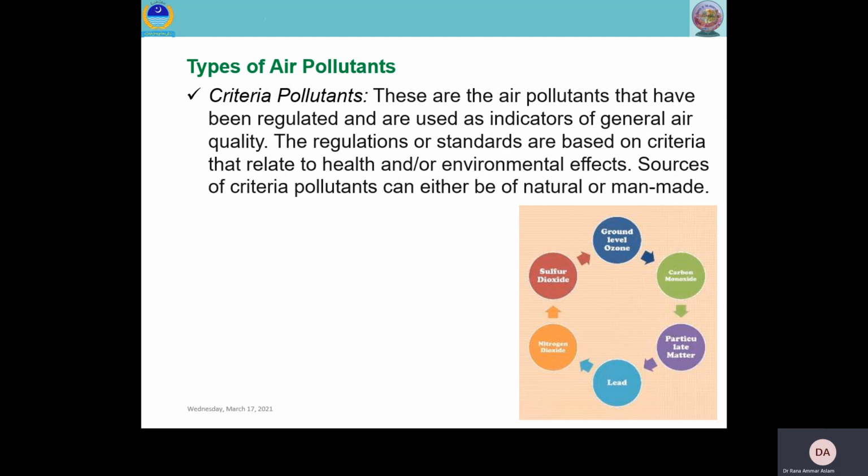Based upon those observations and continuous monitoring, scientists have developed some standard values for these pollutants. If their concentration rises above those standard values, they would be considered much more harmful to human health, to living beings or to non-living beings.